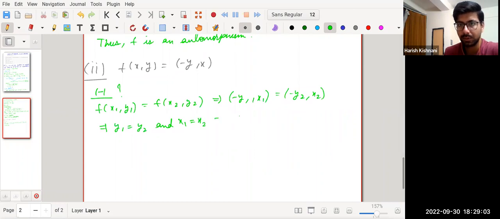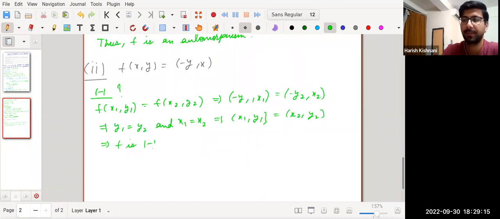Thus (x1, y1) is the same as (x2, y2), and which implies f is one-one.